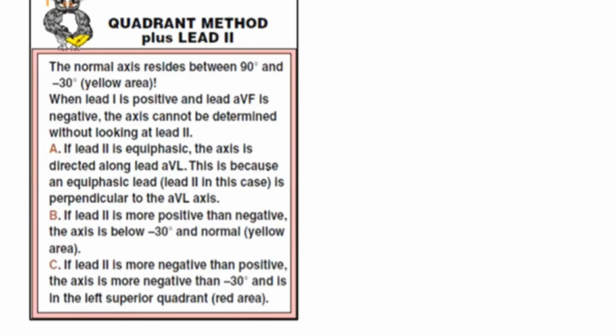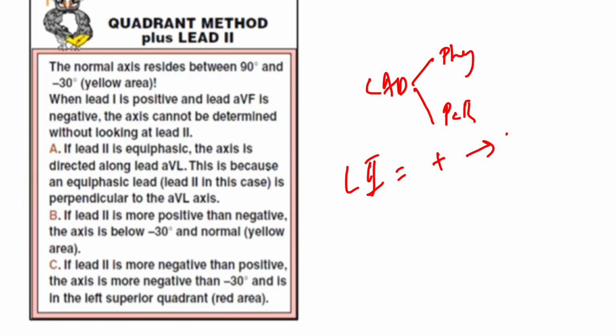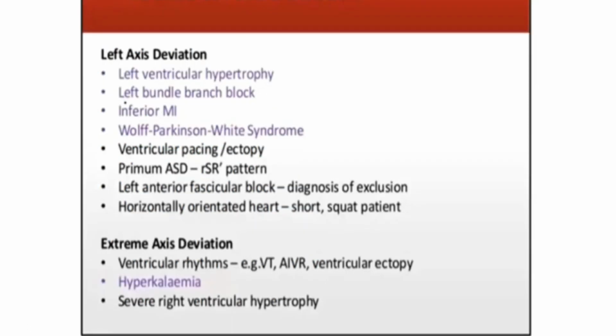So this is what I told for left axis deviation, that it can be physiological or pathological. We have to look at lead 2. If the net QRS vector is positive, we call it physiological, and if the net vector is negative, we call it a pathological LAD, left axis deviation.